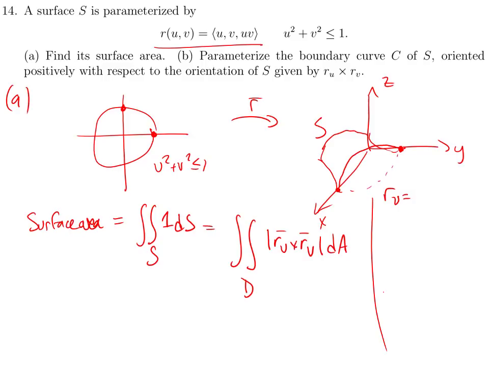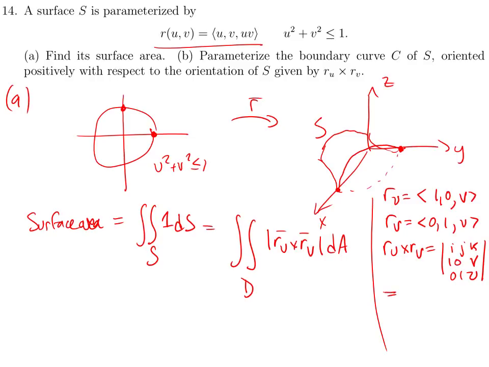So RU is the vector 1, 0, V. RV is the vector 0, 1, U. RU cross RV is this vector, which, let's see, the first component is minus V. The second component is minus U. The third component is 1.